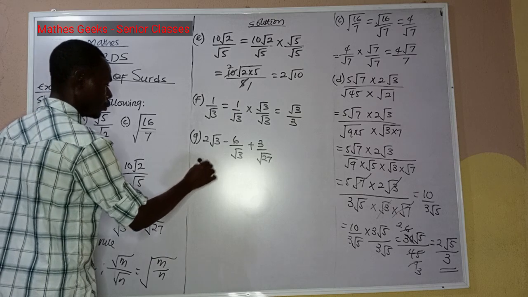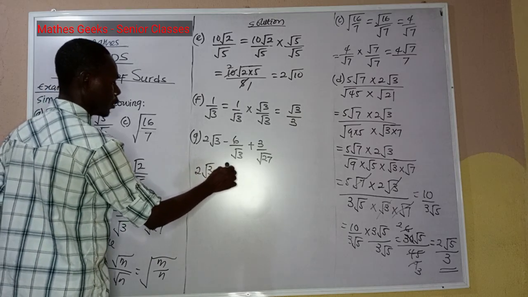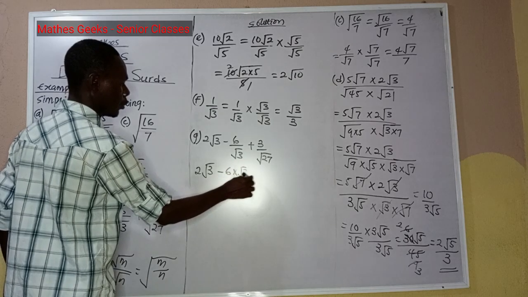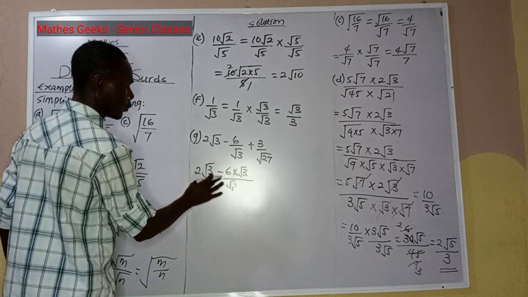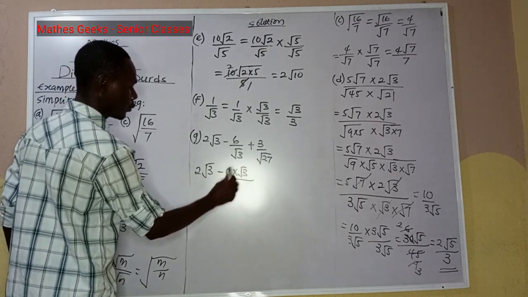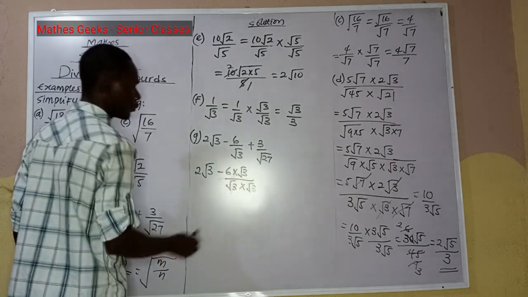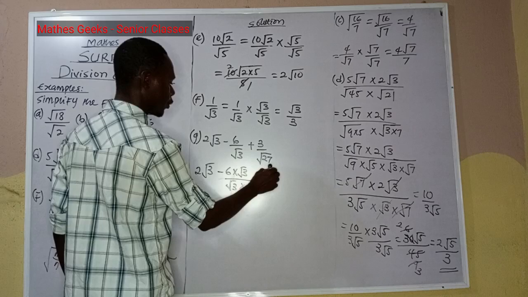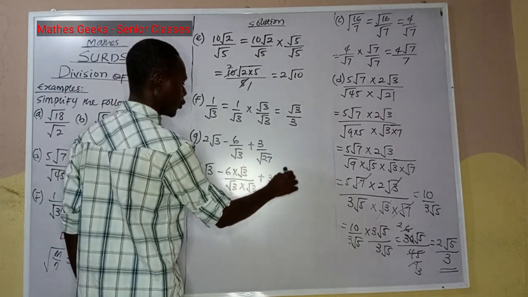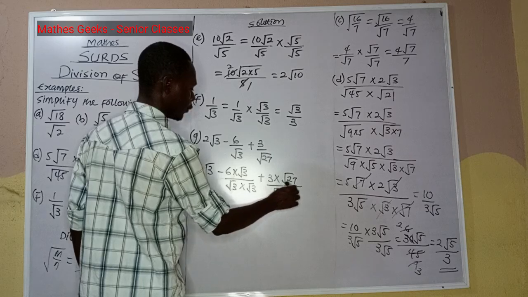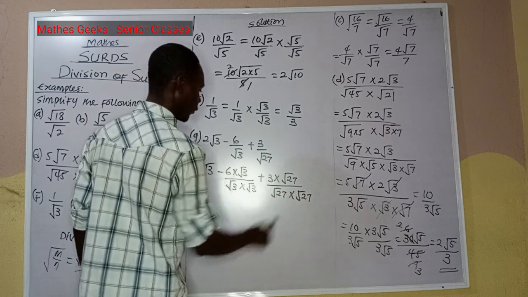So 2 root 3 minus 6 times root 3 over root 3 times root 3, plus 3 times root 27 over root 27 times root 27.